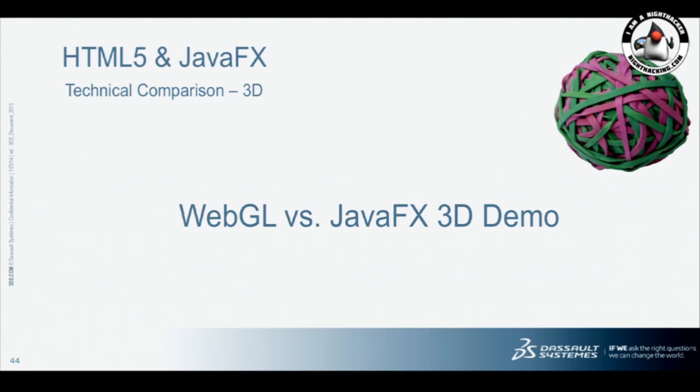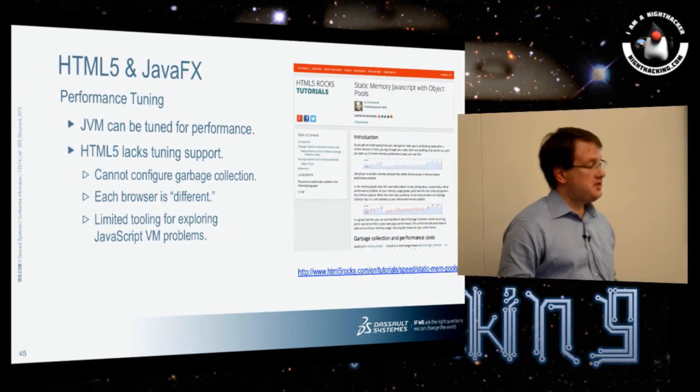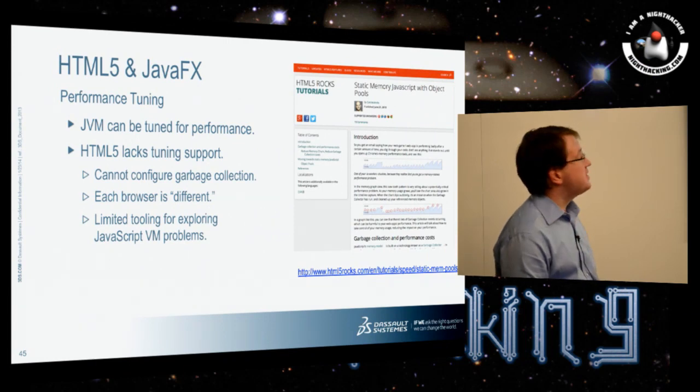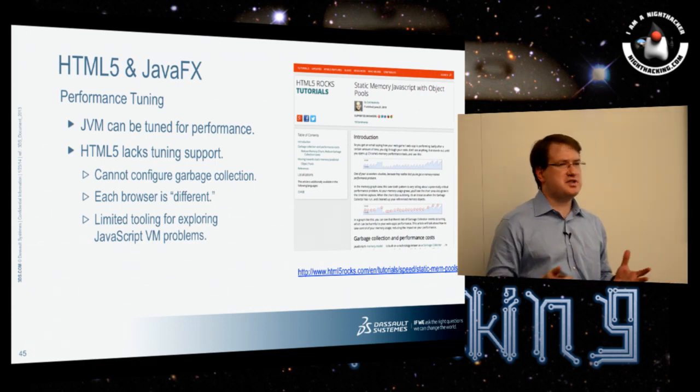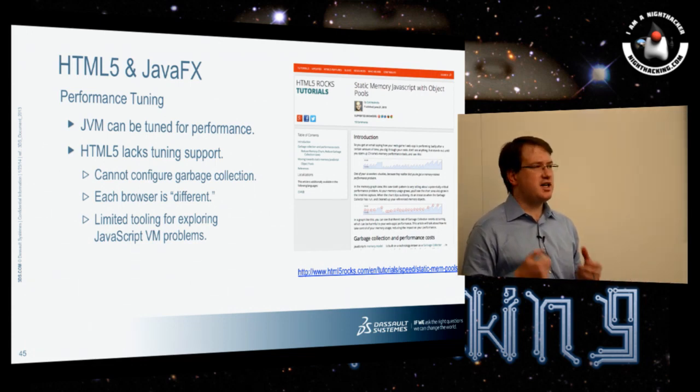Okay, so going back to slides. So one of the other things that's never really discussed with HTML5 applications is how do you tune them. With Java, you have a lot of support for tuning, for finding out what's going on inside of the Java garbage collector, right?